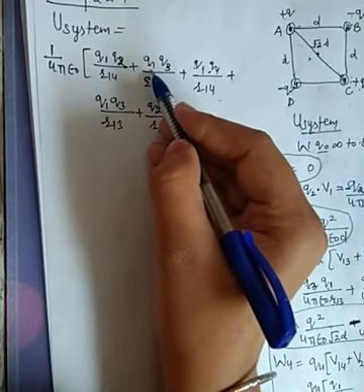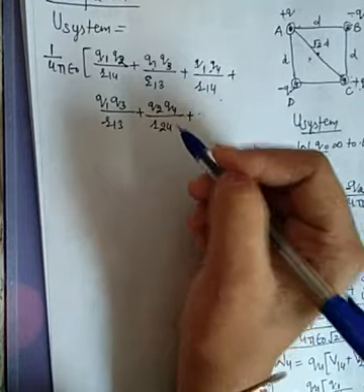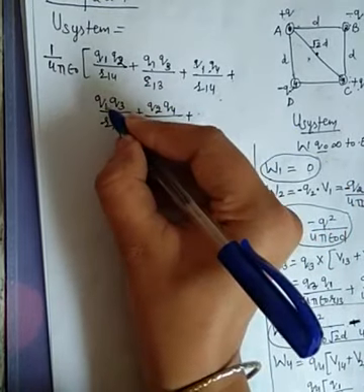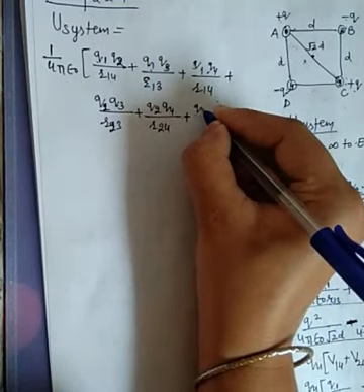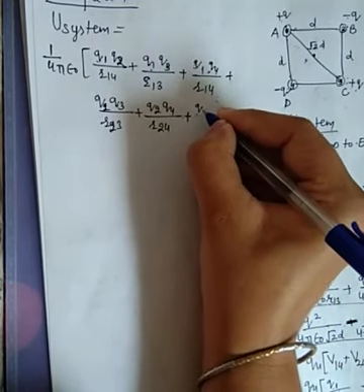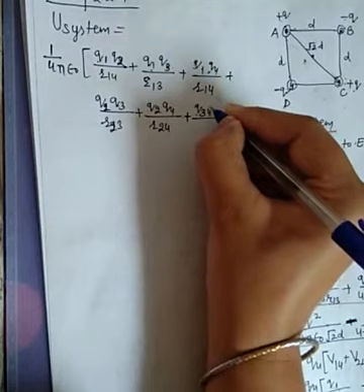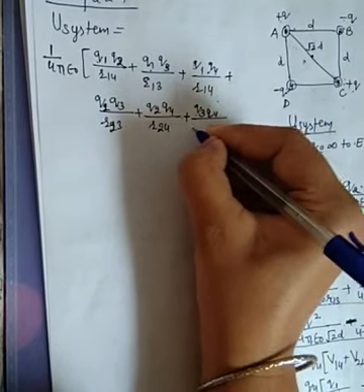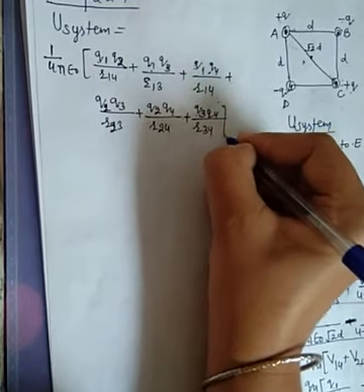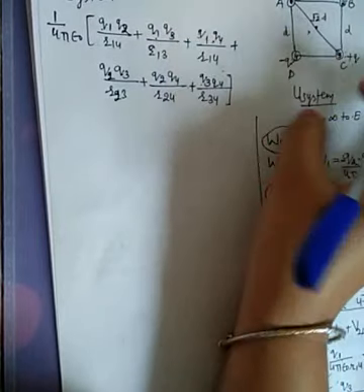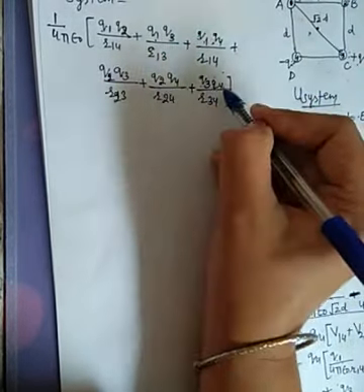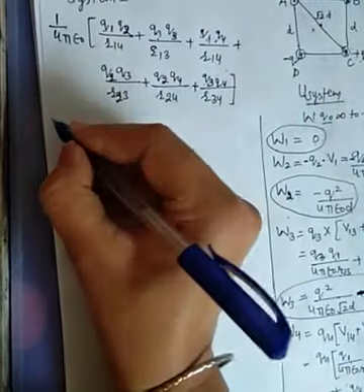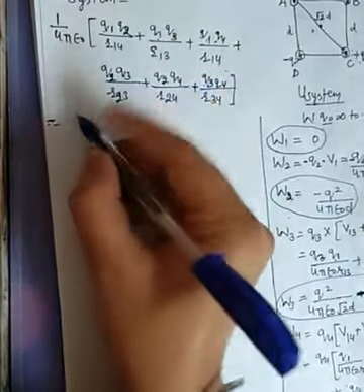Third with first done, third with second done, third with third, no need to consider, third with fourth, Q3 Q4 upon R34. And what about 4? 4 with first done, 4 with second done, 4 with third done.